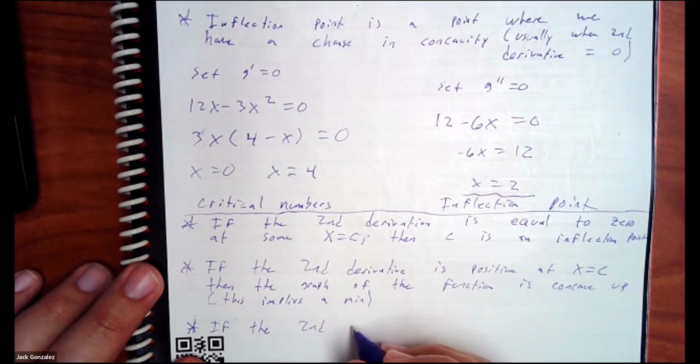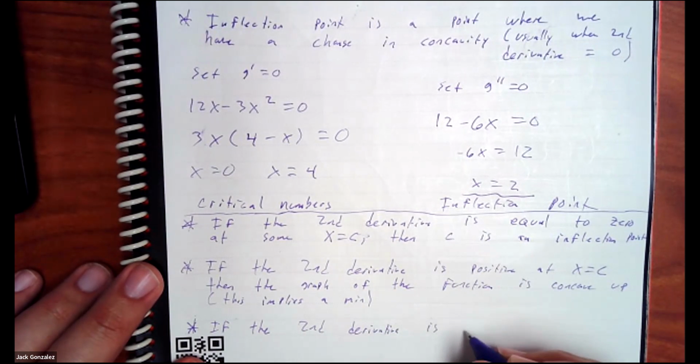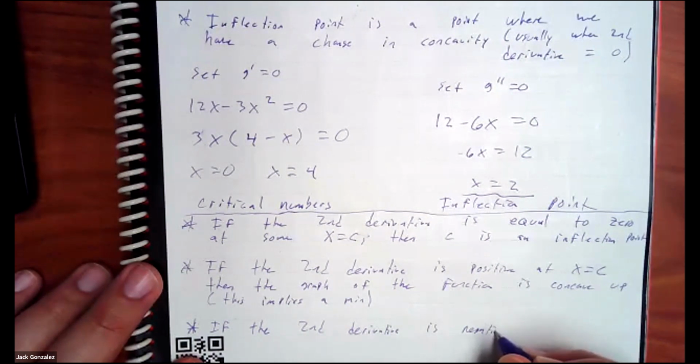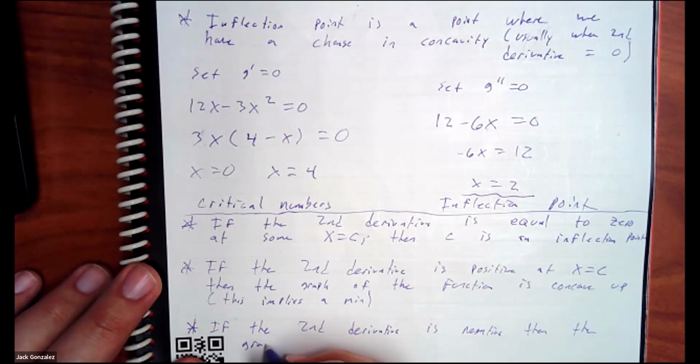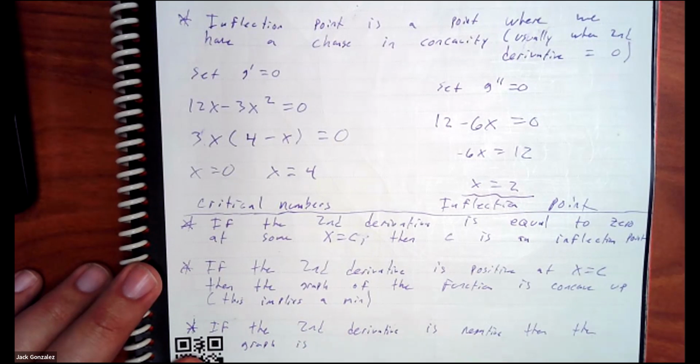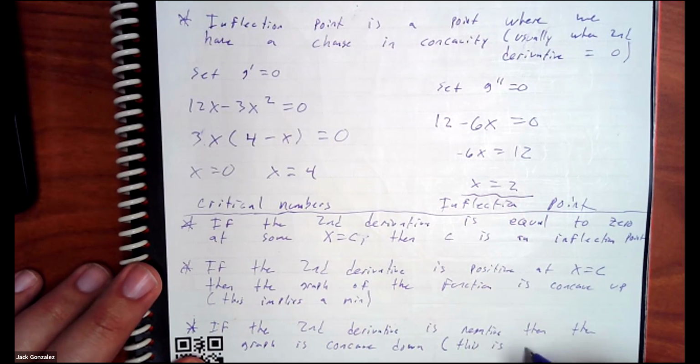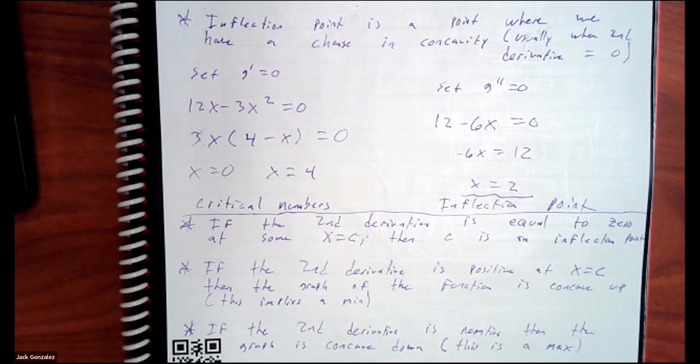If the second derivative is negative, then the graph is concave down. This is a max. So similar to the second one, I'm just shortening it because I'm out of space.